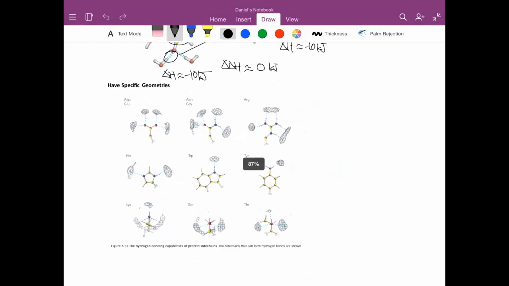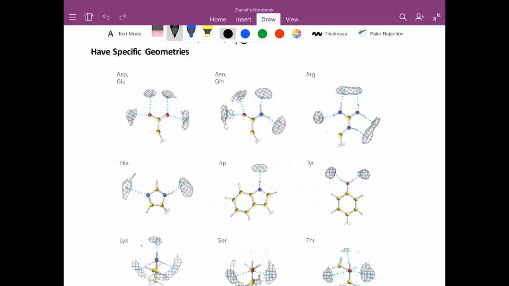So one more aspect about hydrogen bonds in general that is often overlooked is the fact that they have very specific geometries. So in this figure here, we have brought together a bunch of crystal structure data from the Protein Data Bank, and what they've done is they've taken a look at individual side chains, or rather functional groups of side chains, and examined where the most common location of hydrogen bond acceptors and hydrogen bond donors with respect to them are.